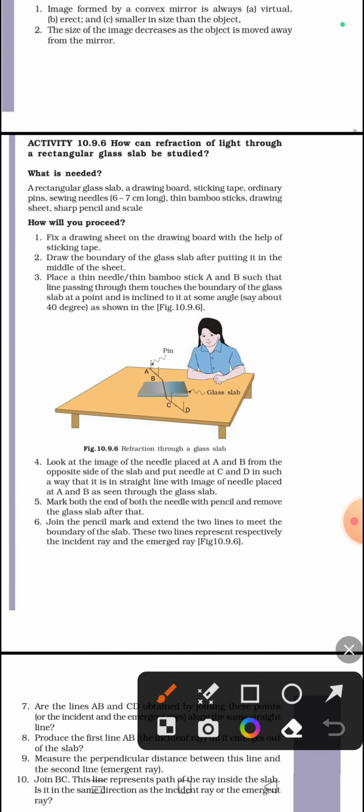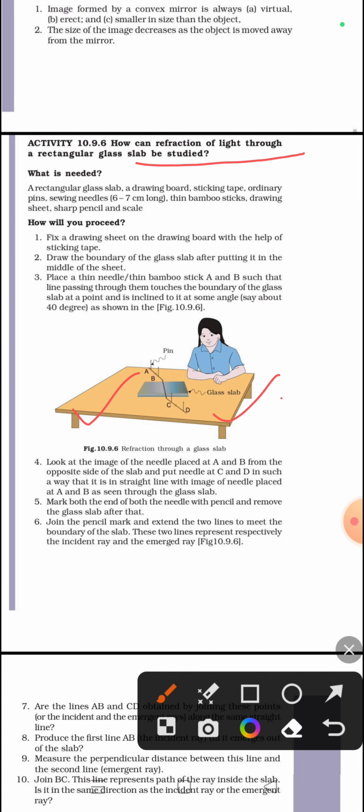Next, this is important. How can refraction of light through a rectangular glass slab be studied? Refraction through the glass slab. I already uploaded an activity on how to show the refraction of light through a rectangular glass slab.